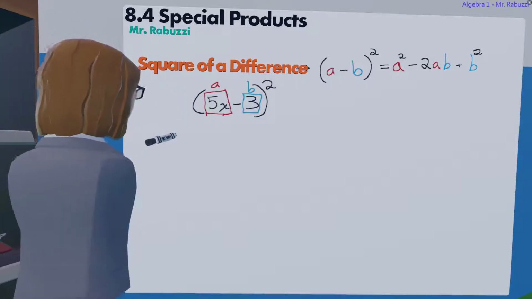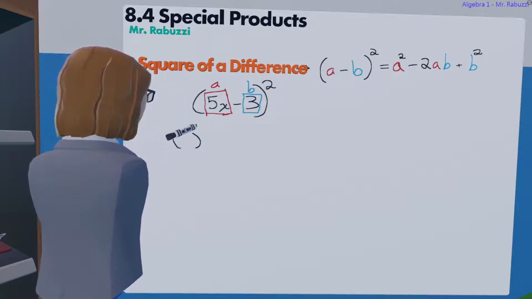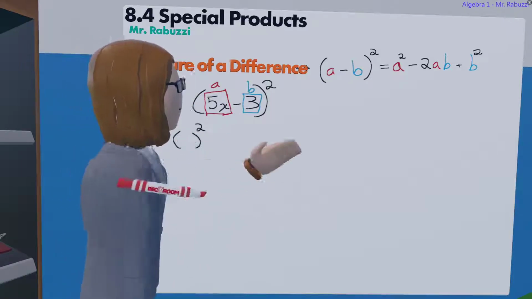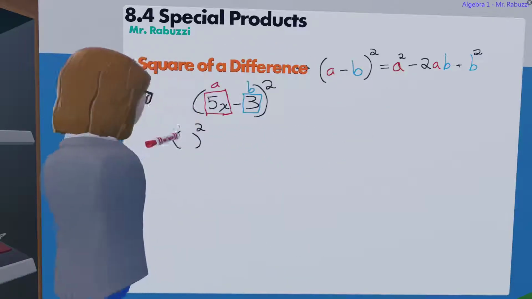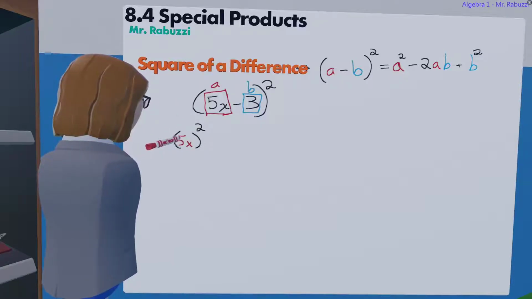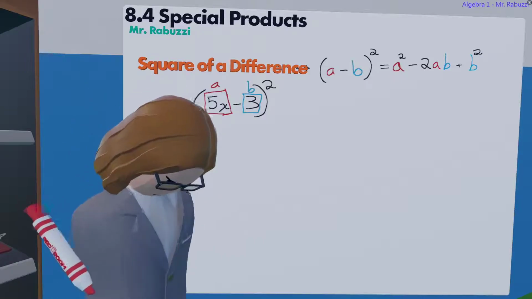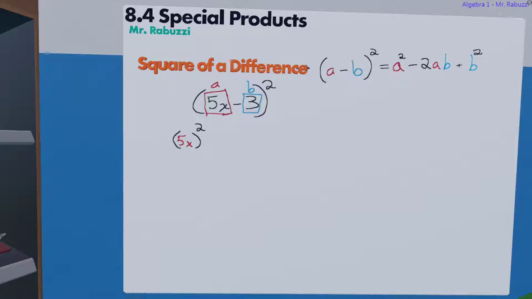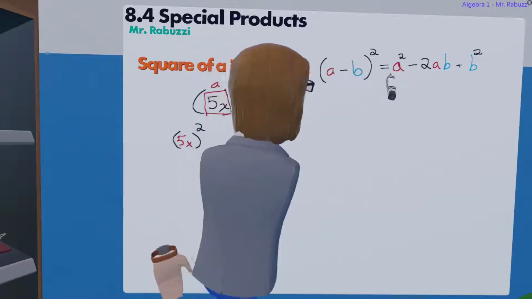Then let's start it out. We have A squared. Well, what's A? Right, here we go. A squared. So A is 5x. Okay. Then we keep going.